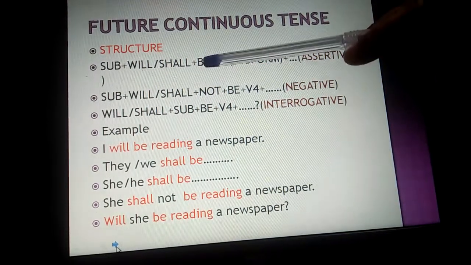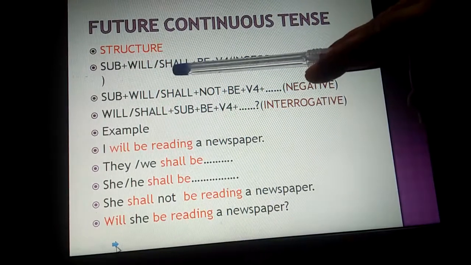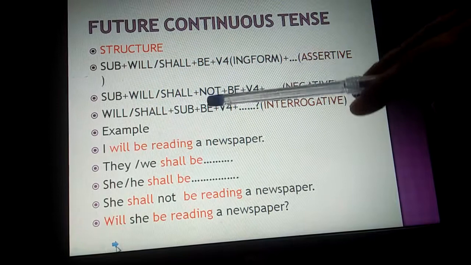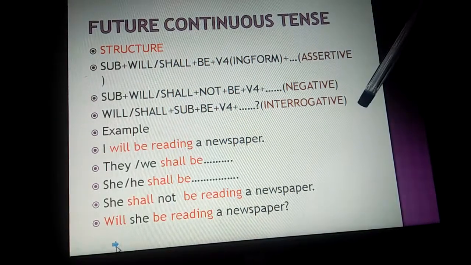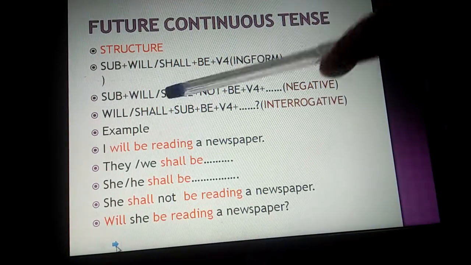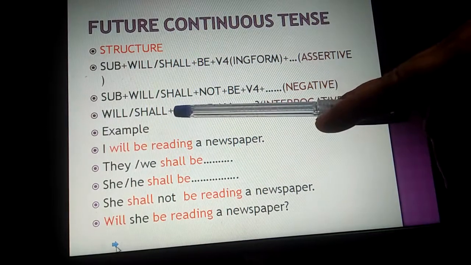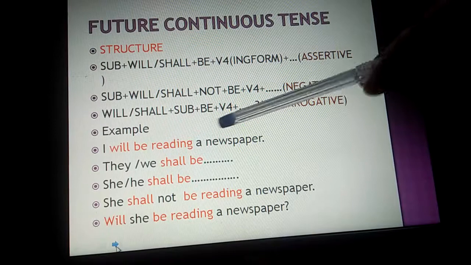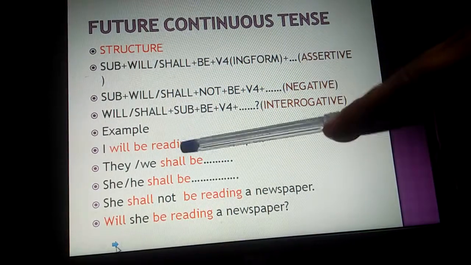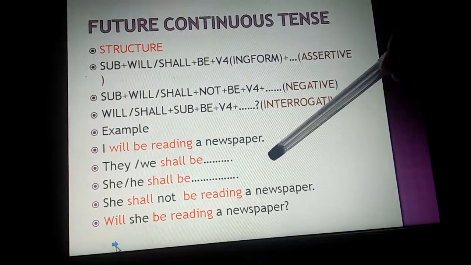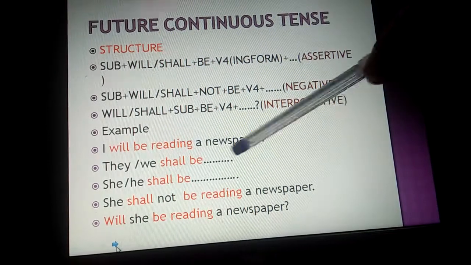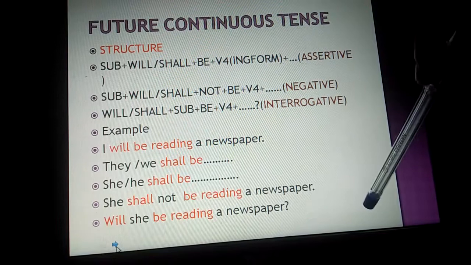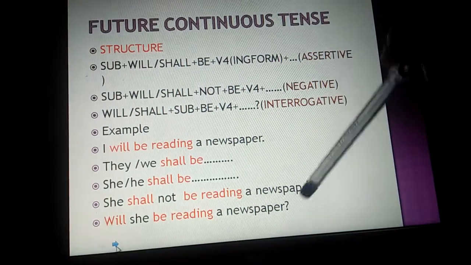Negative: by adding not between the helping verb and be, you will get the negative of it. Interrogative: you will start the sentence with will or shall followed by the subject, then followed by be and the ing form. Example: I will be reading a newspaper, they or we shall be reading a newspaper, she shall not be reading a newspaper, will she be reading a newspaper.